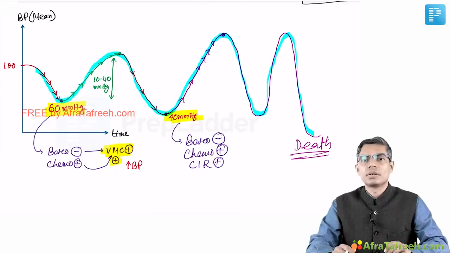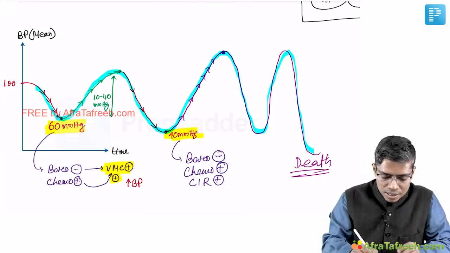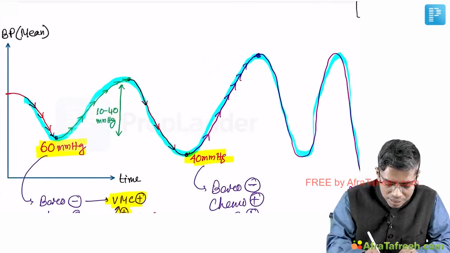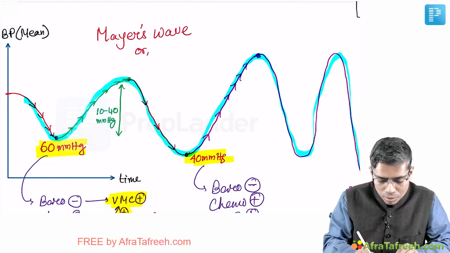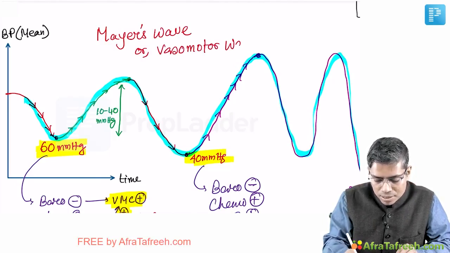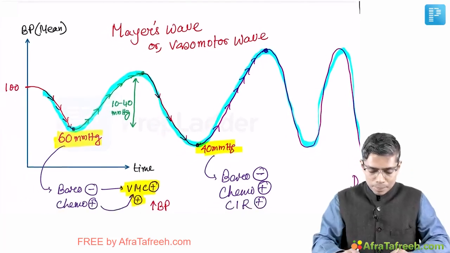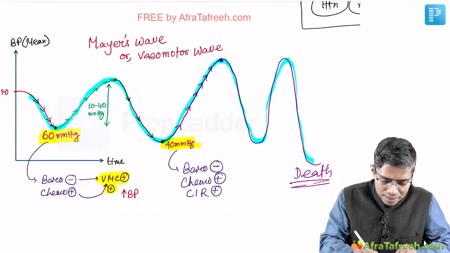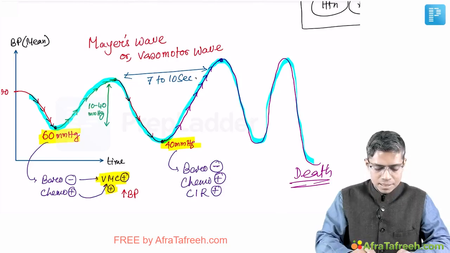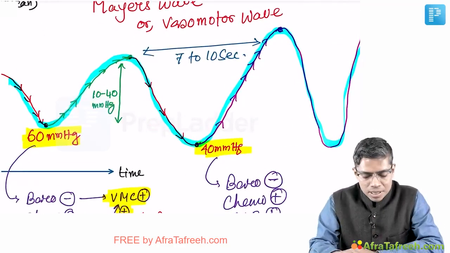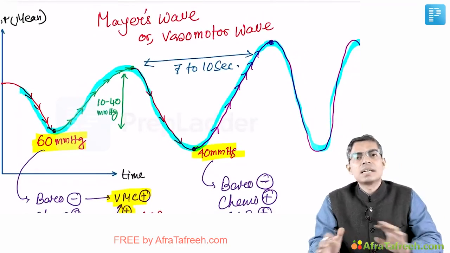This wave of fluctuation of blood pressure is known as Mayer's wave, or also it is known as vasomotor wave. The peak of this wave generally appears at an interval of 7 to 10 seconds, and the maximum rise is equal to 10 to 40 millimeter of mercury. This is clearly given in the guide, right?